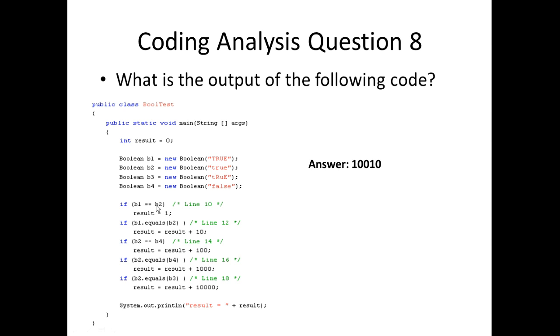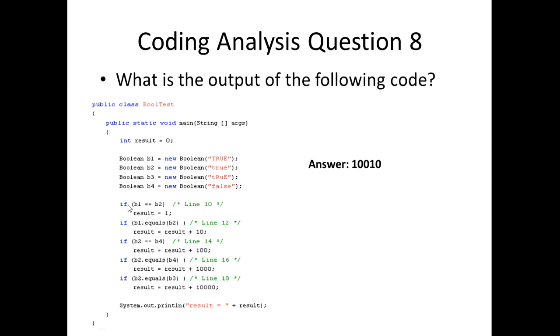All right, if we start off with B1 double equals B2, they don't reference the same location in memory, so it's going to bypass this conditional.